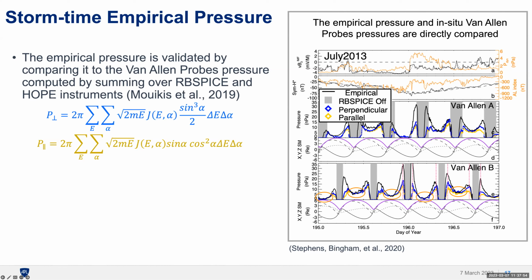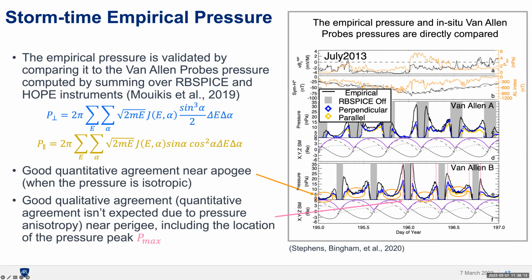We don't expect as good quantitative agreement, but we can see by these dashed pink lines here that we still resolve the location of the pressure peak, the radial extent of where the pressure peak is located. So we get quite good quantitative agreement near the apogee and qualitative agreement in the anisotropic region of where the pressure peak is located in radial location.